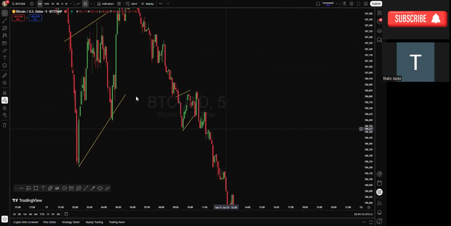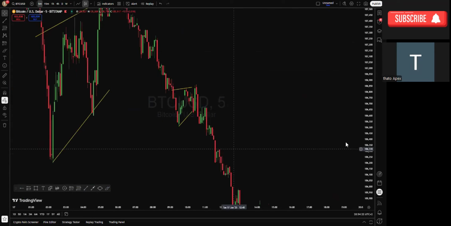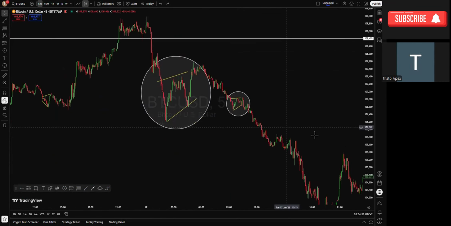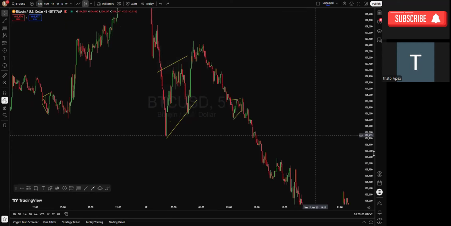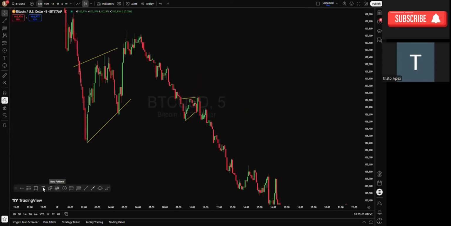The structure was like this. It's the same structure as this one, just a smaller version of it. I took it when price closed a 5-minute candlestick below the structure, which was right there.